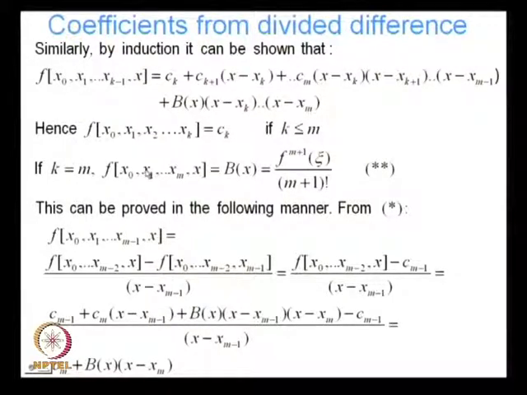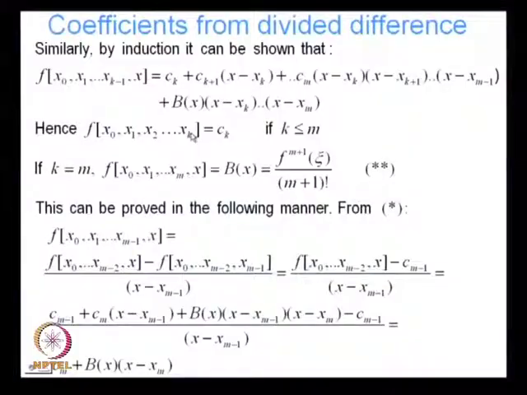That is not so obvious. This is obvious, because we have shown it by induction. At every stage we could write the coefficients in terms of the divided difference operator, where the highest term in the divided difference operator has the same index as the coefficient. We could find that out.